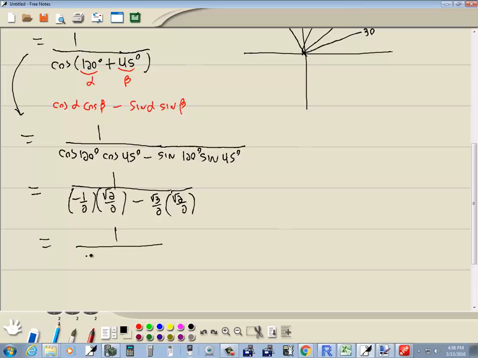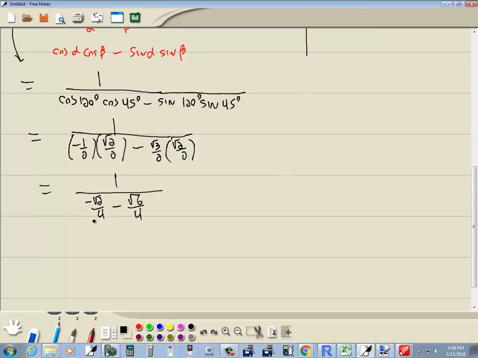Which gives us negative square root of 2 over 4 minus square root of 3 times square root of 2, which is square root of 6, over 4. Now they have a common denominator, so let's put those together. So we get negative square root of 2 minus square root of 6 over 4. We have a single fraction down below, so we can flip it and multiply times our top part.